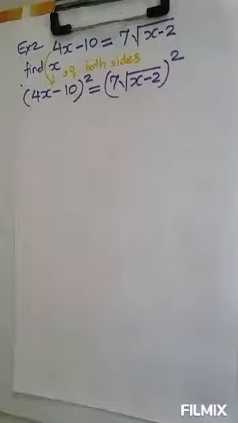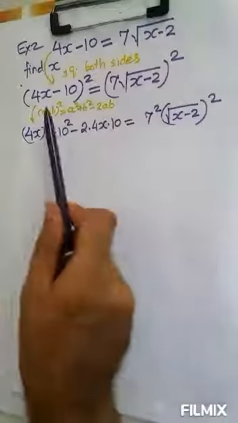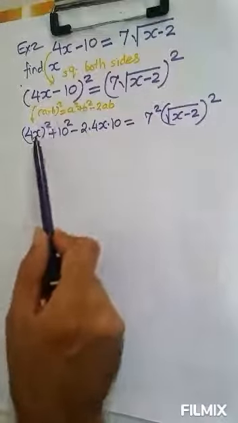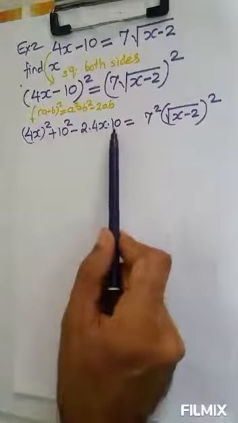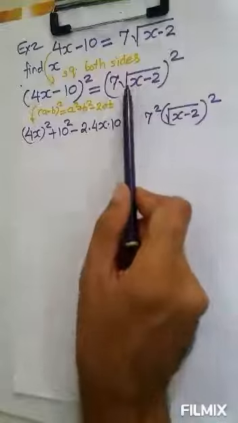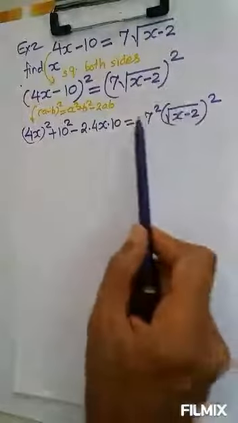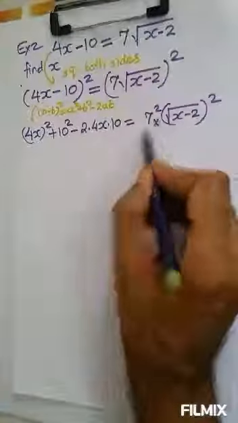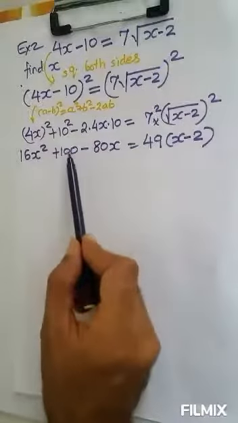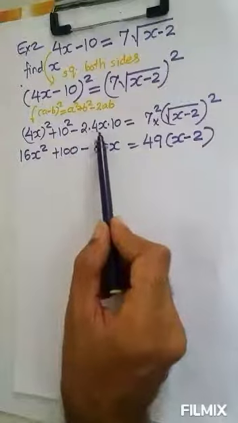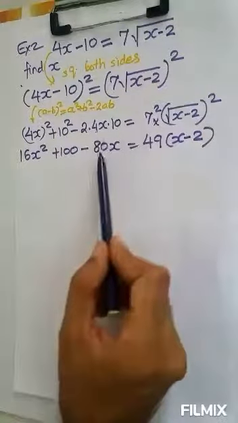When we square both sides, the left side we can write as a minus b whole square, with the formula a square plus b square minus 2ab. 4x whole square gives 16x square, plus 100, then 2 into 4 is 8, into 10, minus 80x.